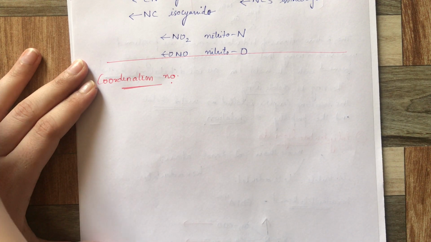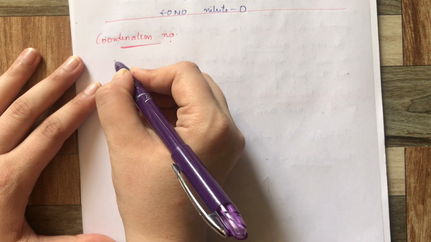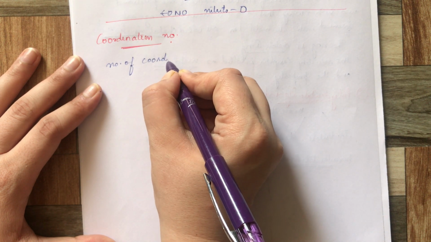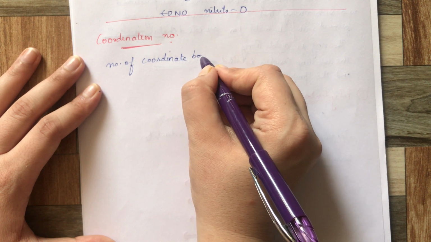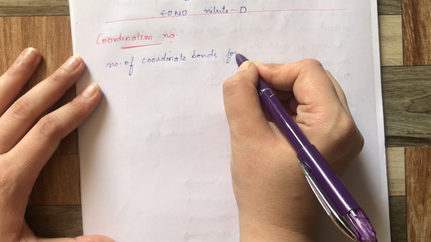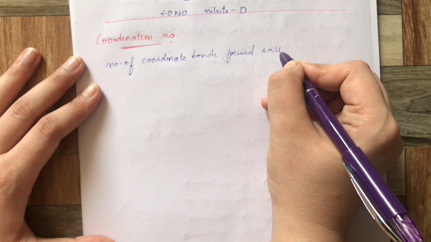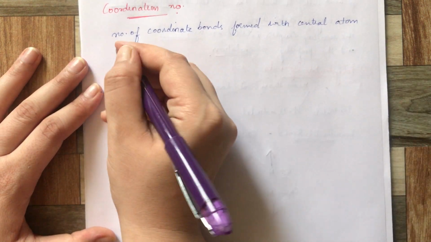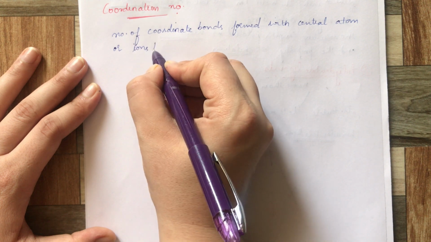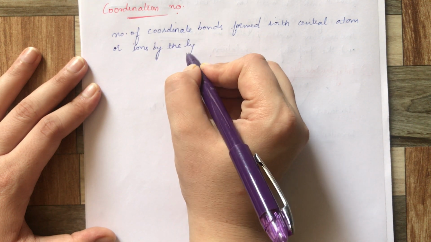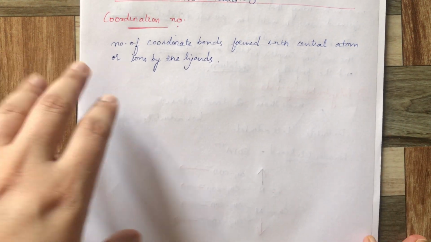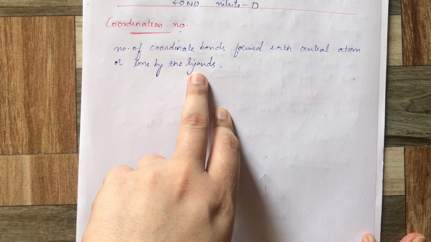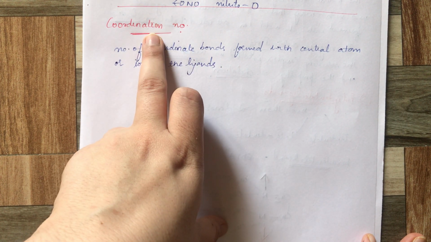More appropriately, it is the number of coordinate bonds formed with the central metal atom or ion by the ligands. This is the coordination number.